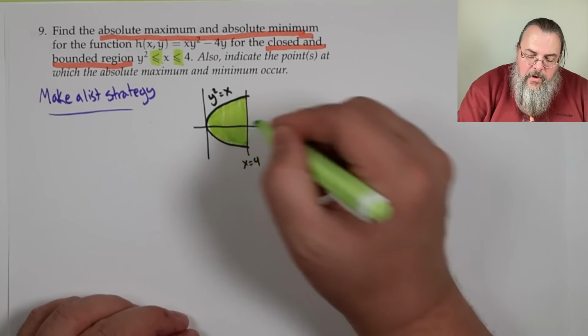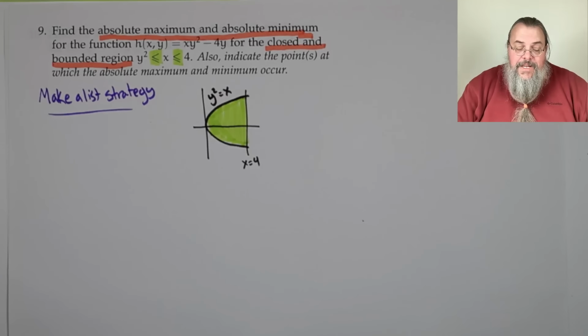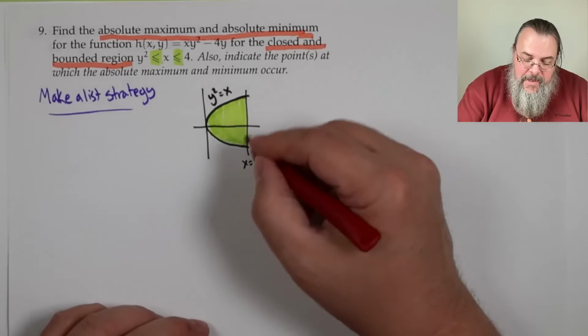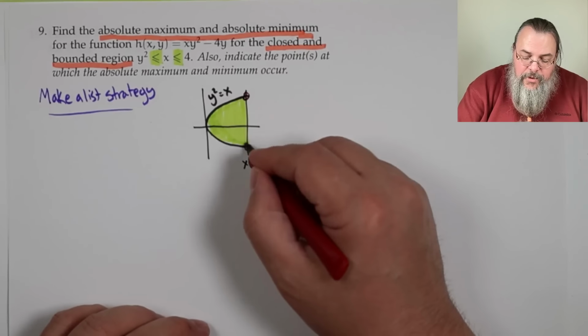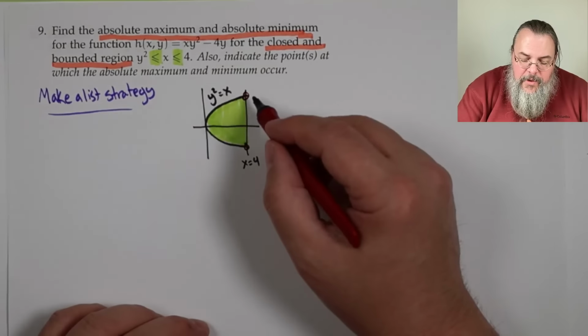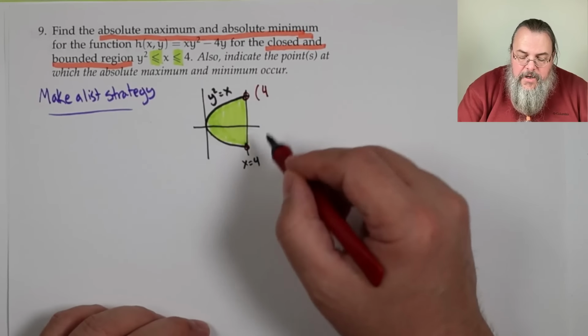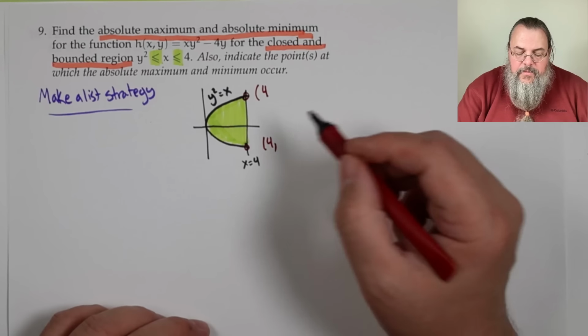All right. Well, we start making our list. And I always say, throw in the corners automatically. In this case, there are 2 corners. You say, well, where are they? Well, we know the x values are 4, because they're on that line x equals 4.